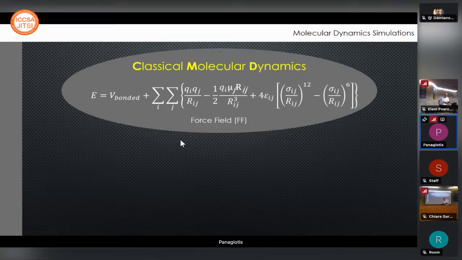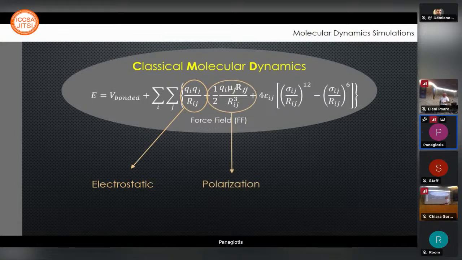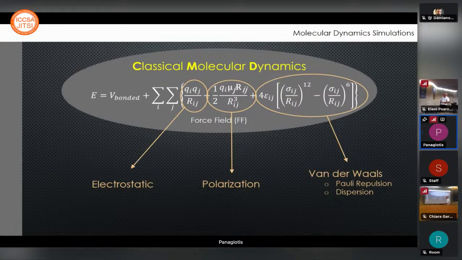If the interaction has an electrostatic nature, then it involves the permanent atomic charges of the system. But we can also have a polarization of these charges due to changes in the atomic environment, which is called the polarization energy. Or the interactions can originate in the quantum phenomena called Pauli repulsion and dispersion.